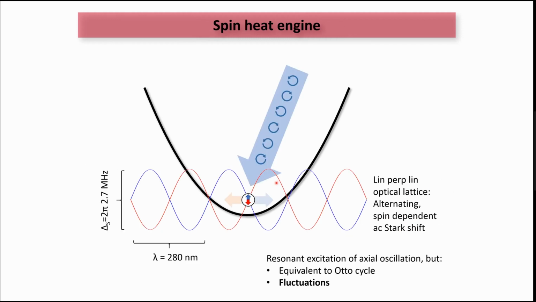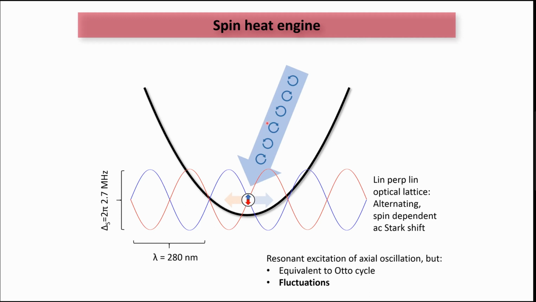So the spin heat engine works in the following way. We have a spin 1/2 ion confined in a harmonic potential and an additional optical standing wave, which gives rise to an AC Stark shift, as I've shown before. Now this standing wave is pinned, it's fixed such that the ion sits here at the node, and depending on its spin polarization, it experiences a force from the AC Stark shift, either pointing to the left or to the right.